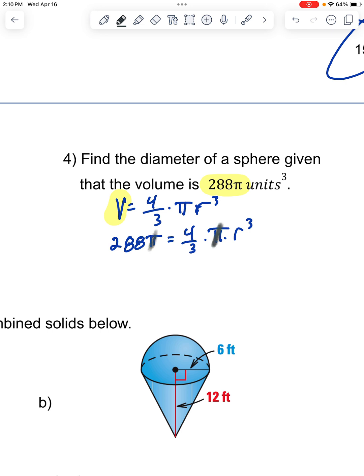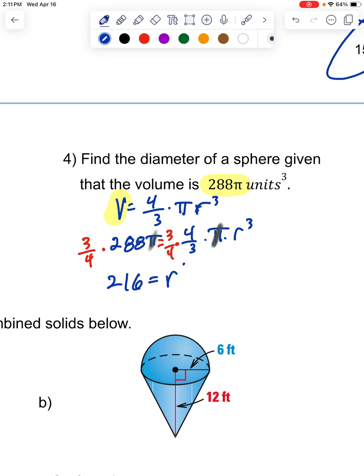To get rid of 4/3, I could divide both sides by 4/3, but really all I need to do is multiply by its reciprocal, 3/4, on both sides. I would do 288 times 3 divided by 4, and I get 216. So I get 216 equals r cubed.